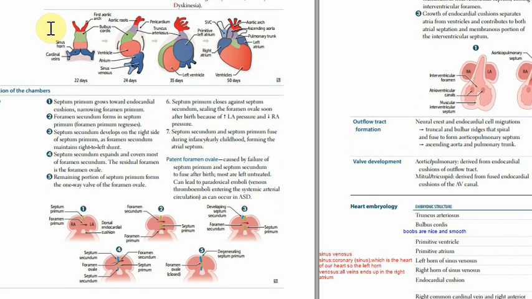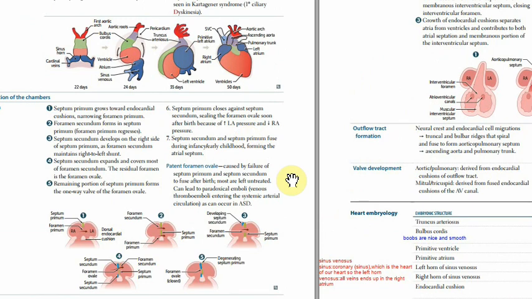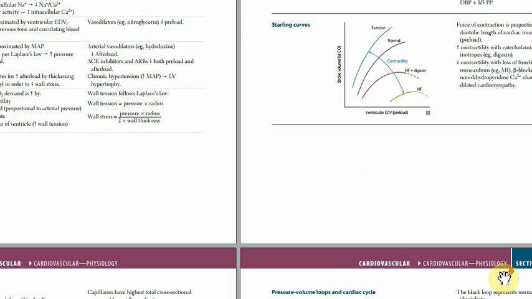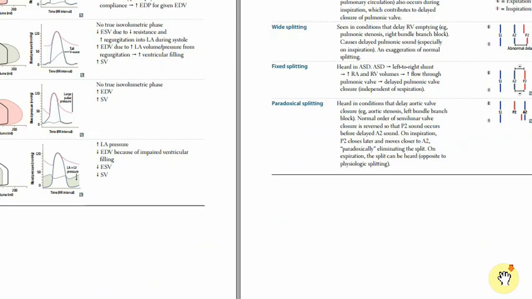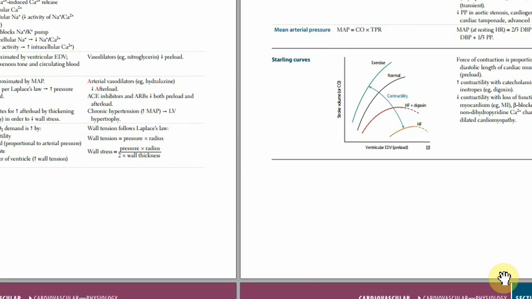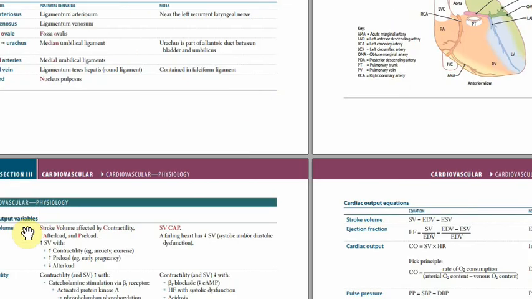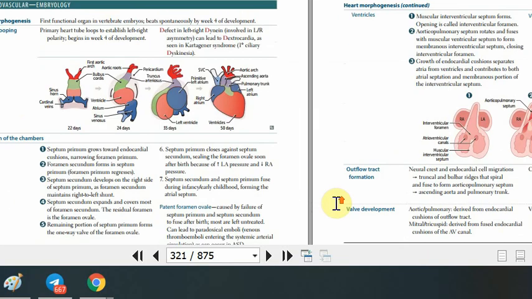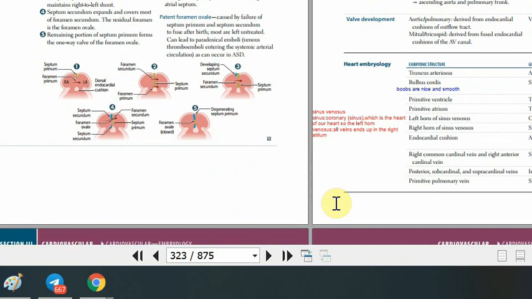Embryology tends to be one of the most difficult topics for students to understand, especially in the cardiovascular system. It's not easy. I cannot tell you it's easy. It requires some memorization, but it needs a lot of understanding. Today I was thinking, should I explain more about the physiology or the embryology, because they are equally difficult.